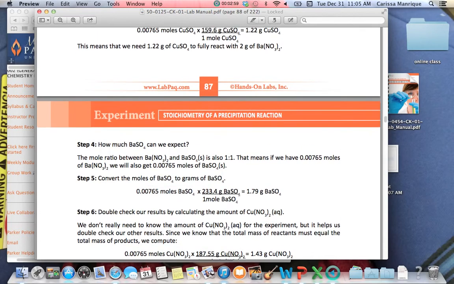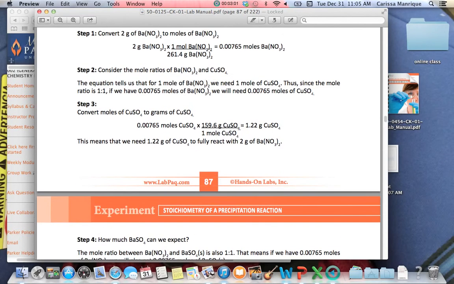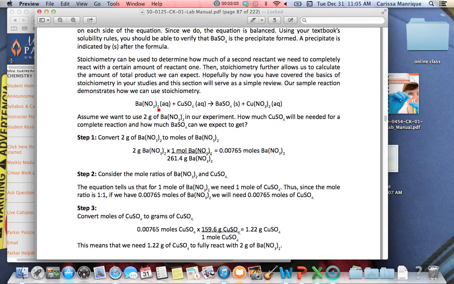We go back and forth here. So we have these two here. These are our reactants. Now we need to figure out which one is our limiting reactant. That's the first thing you need to do. Barium sulfate is our product we're going to be looking at. We want to see how much solid we're going to form here.